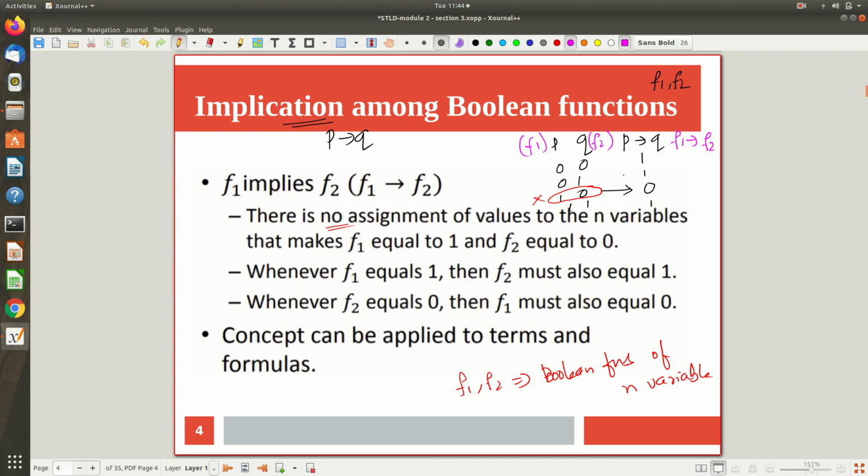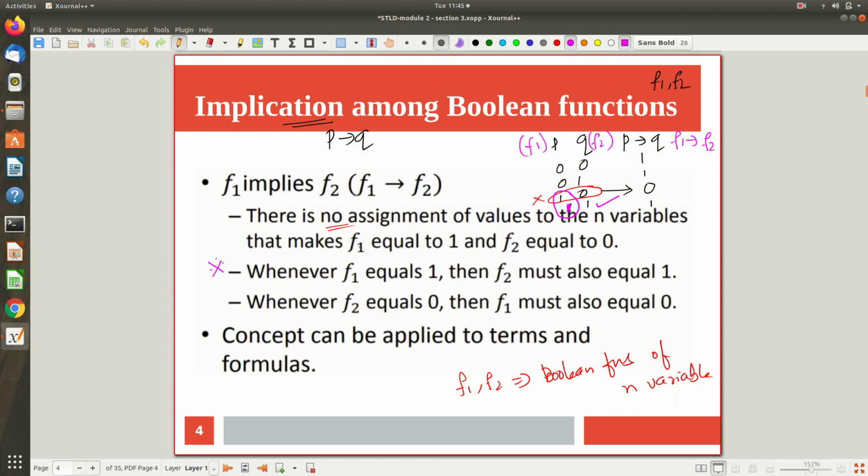The requirement is whenever F1 is 1, or P is 1, which happens in two cases, definitely Q or F2 should be 1. This should happen. I don't want F1 to be 1 and F2 to be 0. Whenever F1 is 1, definitely F2 should be 1. So this is very important.